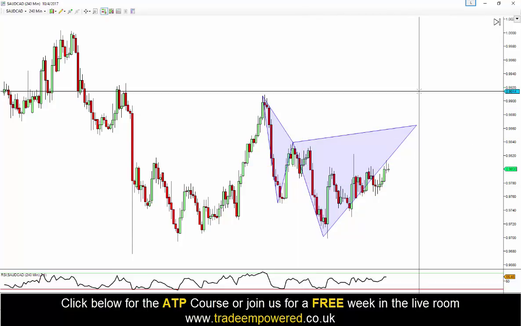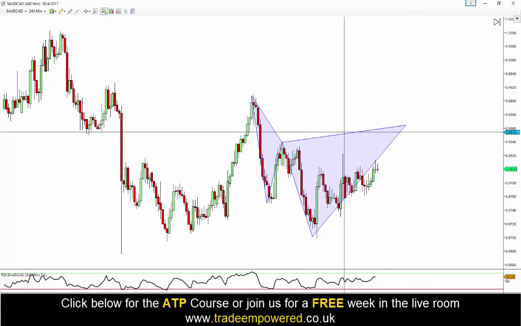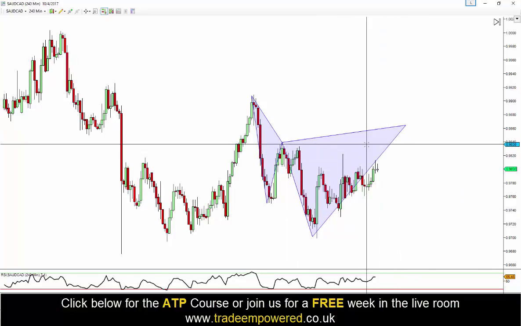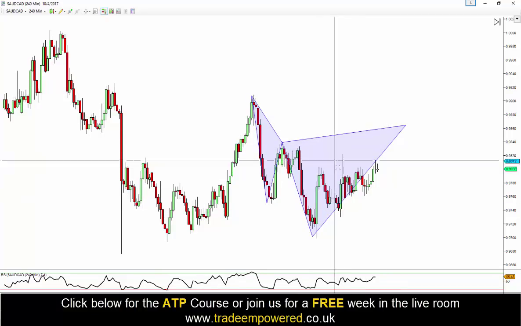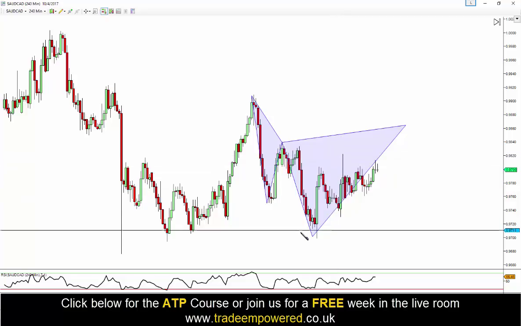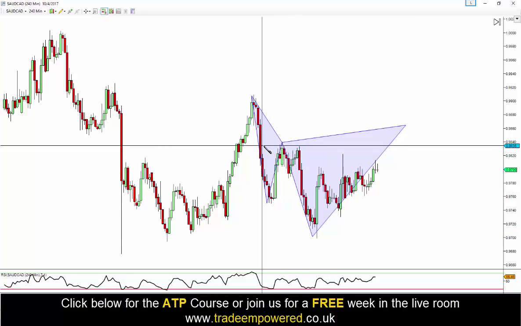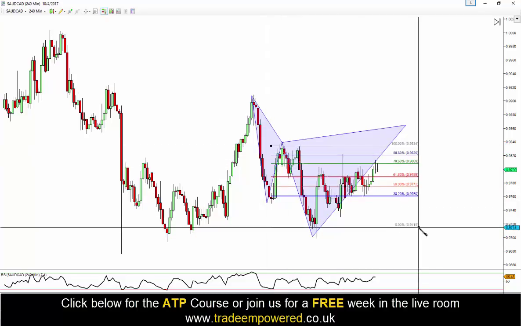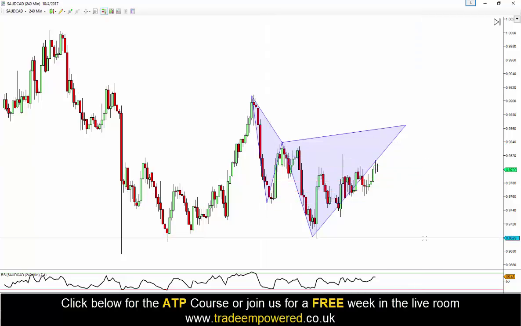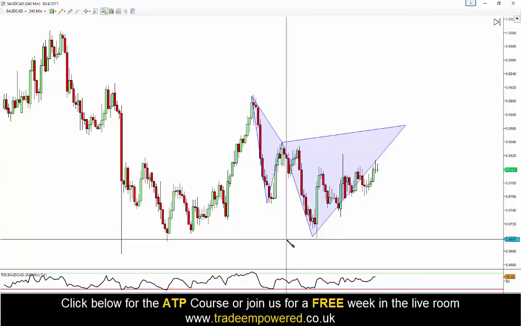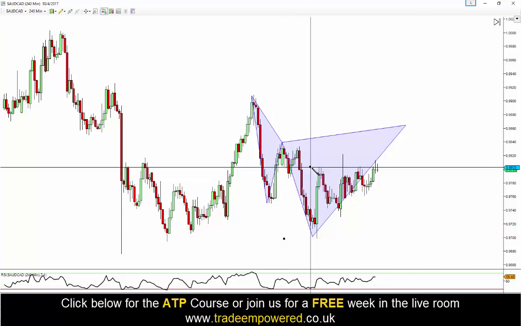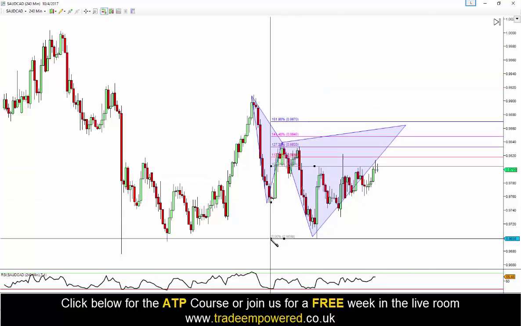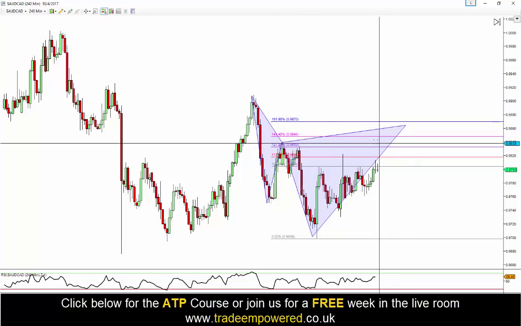Second one I'm going to share with you was the deep Gartley pattern, which you may or may not consider valid following this spike yesterday, but we had a very, very deep Gartley. If we just bring on our fib retracement tool here, you're going to see we didn't quite hit the 786, hit the 618 for the B leg, which made it a valid Gartley pattern, and we were looking for a completion point up at 98.33.